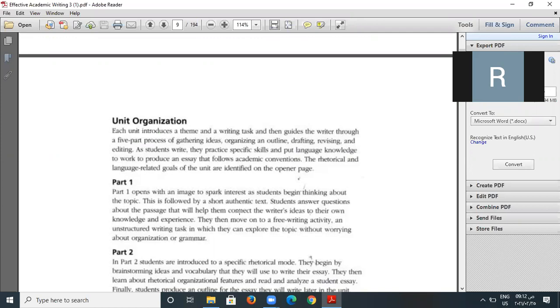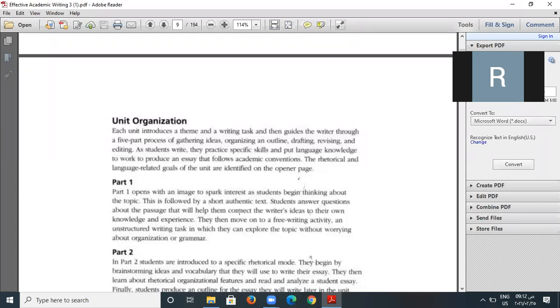So when students write, they practice specific skills and put language knowledge to work to produce an essay which abides by academic conventions. The rhetorical and language-related goals of the unit are identified on the opener page.